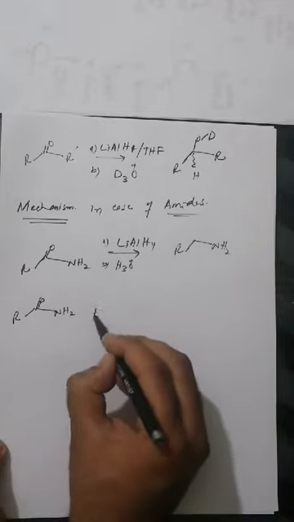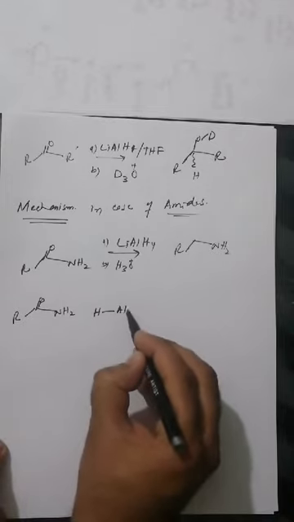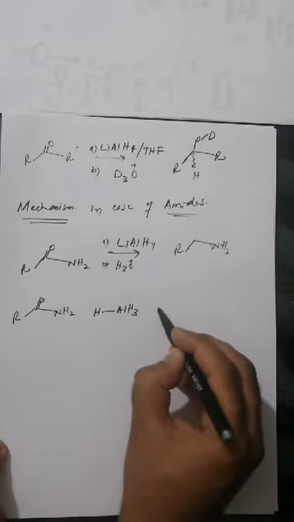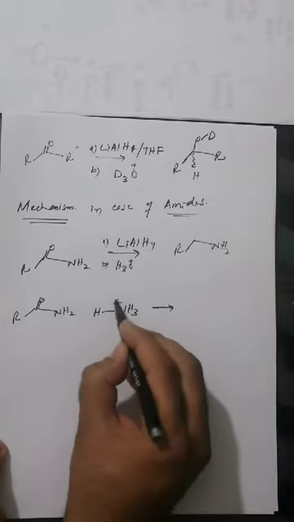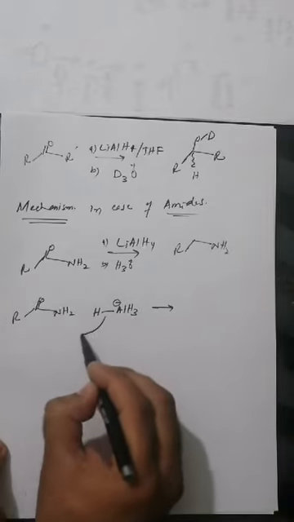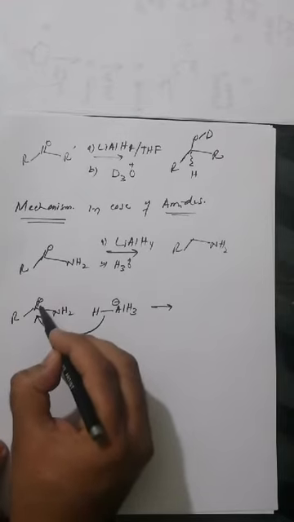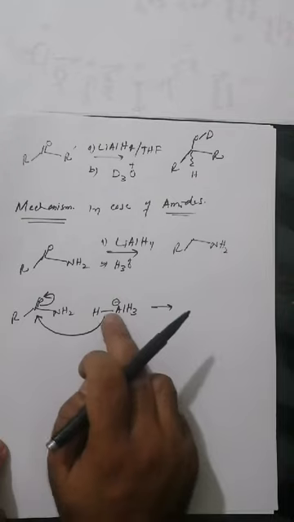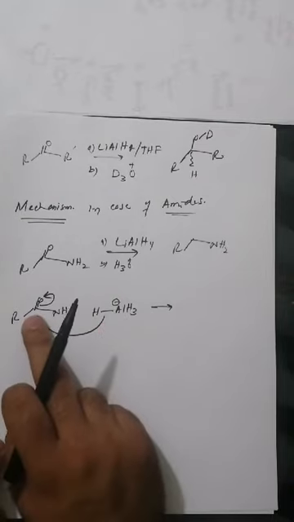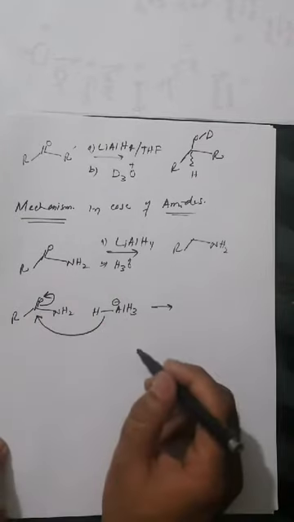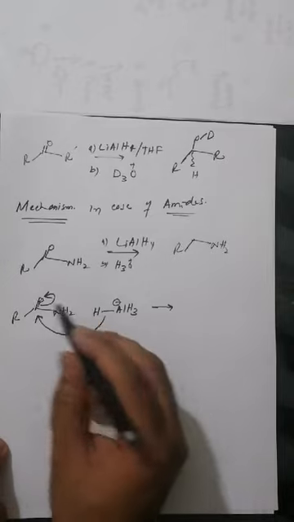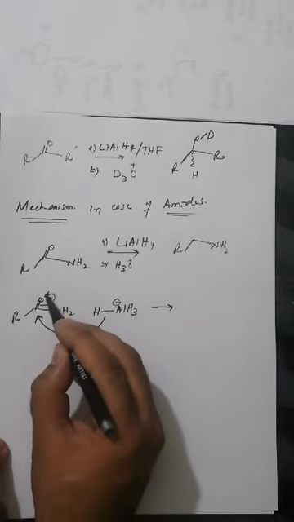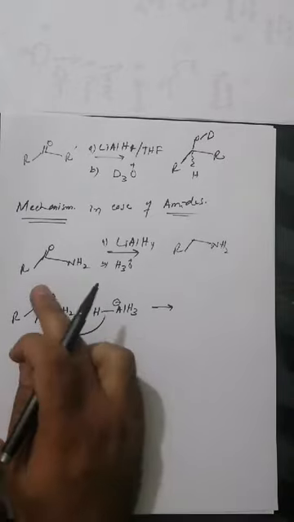Now I will just write lithium aluminum hydride like this. In the first step, it reacts over here. Hydride as a nucleophile attacks this carbon, and the pi electrons move onto this oxygen.